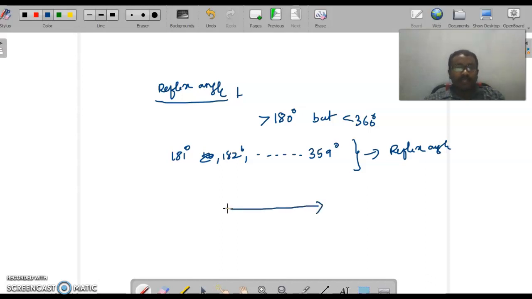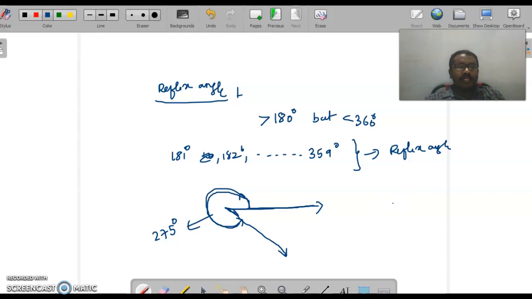So actually when two rays are in the same line, when they are rotated, the second ray stops somewhere, for example it stops somewhere here. So when we rotate this angle, suppose it is 275 degrees. So this is about the reflex angle.